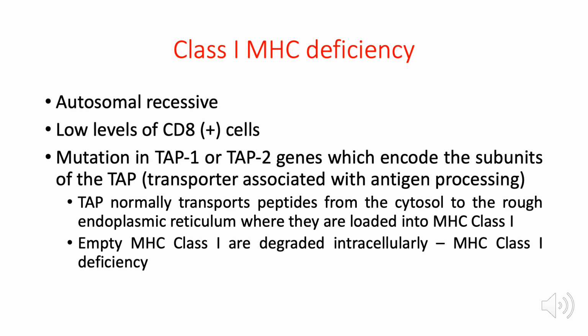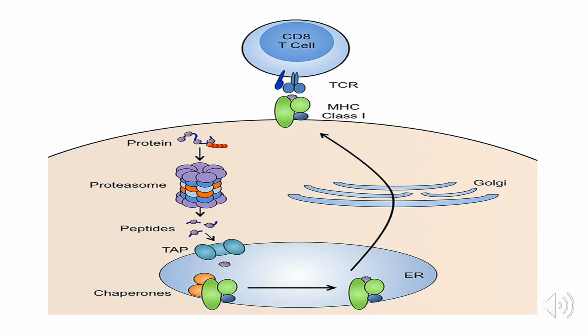Now, how important are TAP1 and TAP2 proteins? Viral proteins and the proteins produced by cancer cells are degraded by the organelle proteasome. And these proteins are converted into smaller peptides. And these peptides are transported into the rough endoplasmic reticulum. That's the organelle you can find on the 6 o'clock position of the photo.